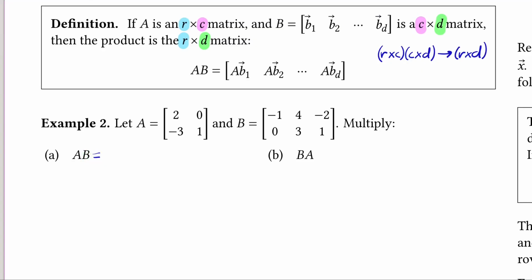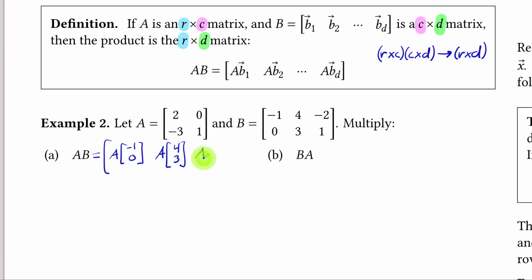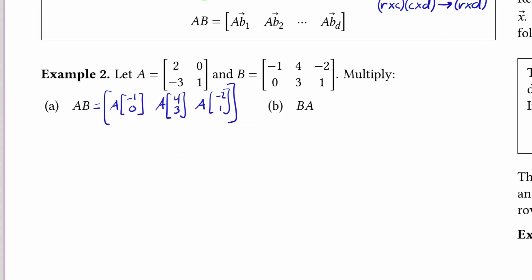So here's A, and here are the 3 columns of B. So we're going to do A times the first column, negative 1, 0. A times the second column, 4, 3. And A times the third column, negative 2, 1. And let's work each of these out.